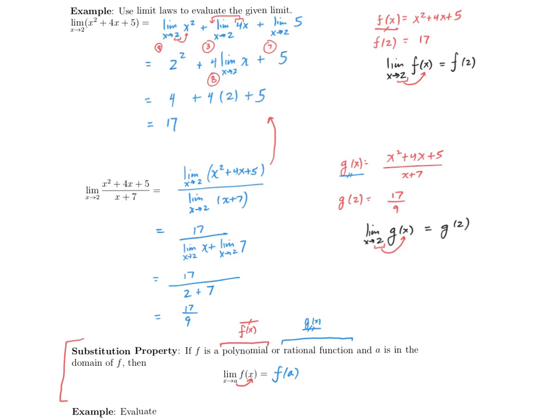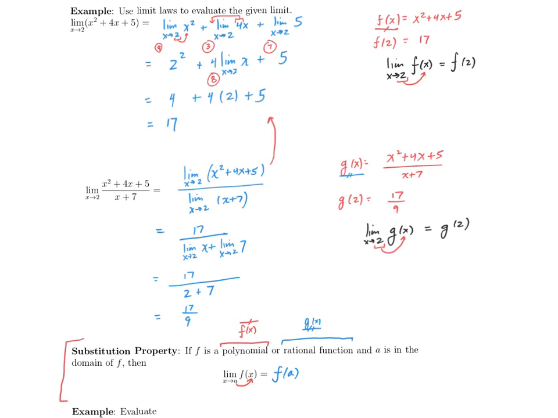Now, the substitution property, when we can apply it, at least in the beginning, almost seems too good to be true. And we are very happy when we get to the point that we can apply it. But a common mistake is to apply it when we are unable to do so.